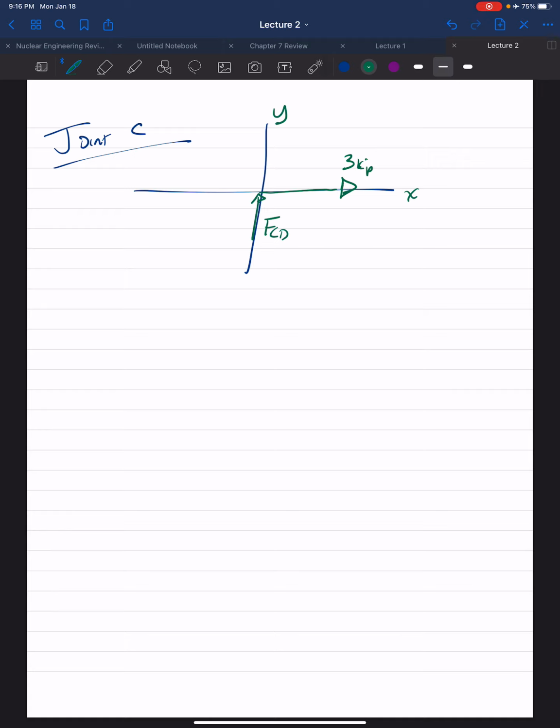You have FCD, and you have FBC. As we said previously, this is a 3, 4, 5 triangle.